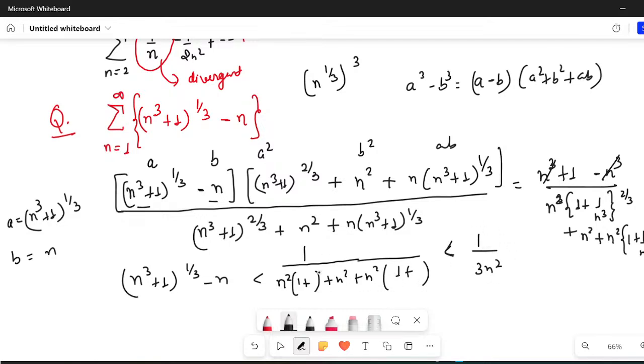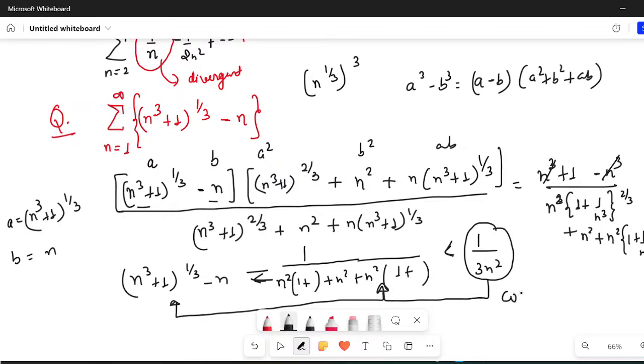I know that my right hand side is convergent, it implies this is convergent, and if this is convergent, it implies this is also convergent. I hope you've got the point. So convergence of 1 upon 3 n square asserts the convergence of summation of (n cube plus 1) to the power 1 by 3 minus n. I hope it is clear. Please let me know if there is a doubt. If there is no doubt, then I'll move further.